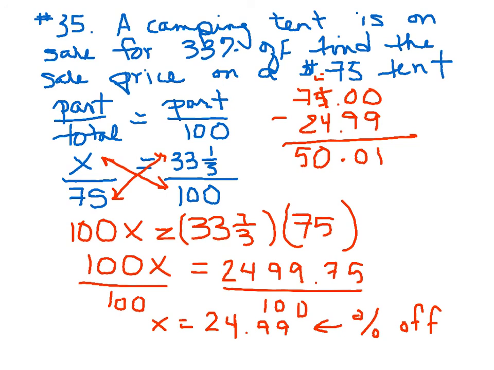All right, so once again, the most important thing to remember is a percent is out of 100, and we can do part over total is equal to part out of 100.